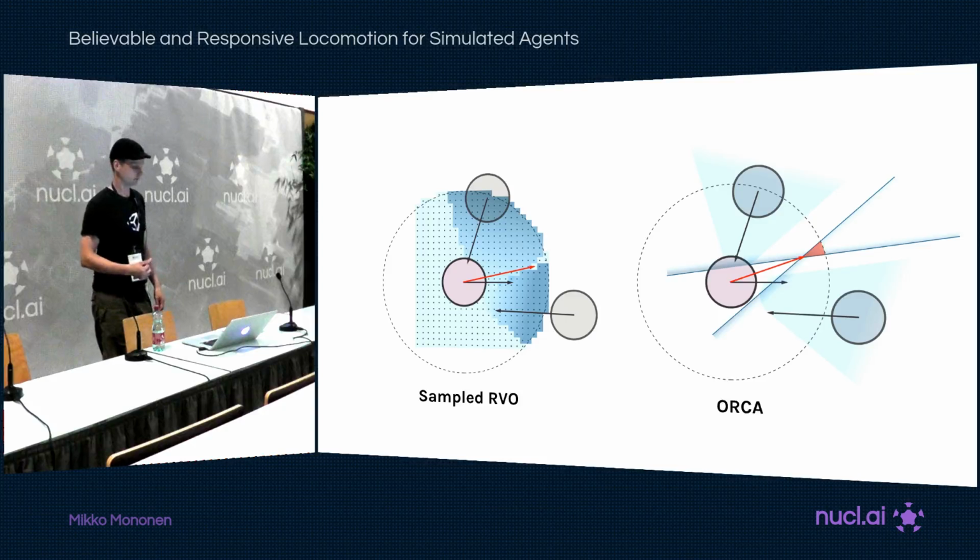And another popular way to do this is called ORCA, which I think stands for Optimal Reciprocal Collision Avoidance. The way it handles this problem is that it represents every obstacle as a half space. And when you combine these half spaces, it results in a convex shape in the velocity space. As long as you pick a velocity within that area, it will lead to no collisions.